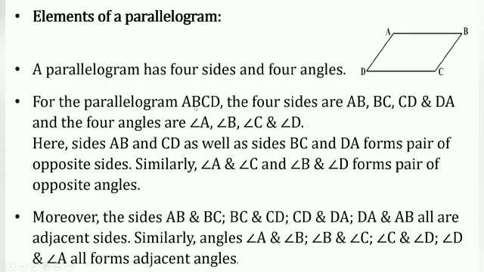For parallelogram ABCD, the four sides are AB, BC, CD and DA, and the four angles are angle A, angle B, angle C and angle D. Sides AB and CD, as well as sides BC and DA, form pairs of opposite sides. Similarly, angles A and C, and angles B and D, form pairs of opposite angles.